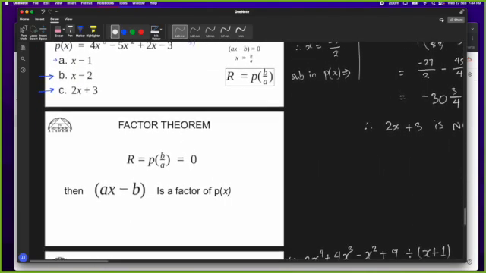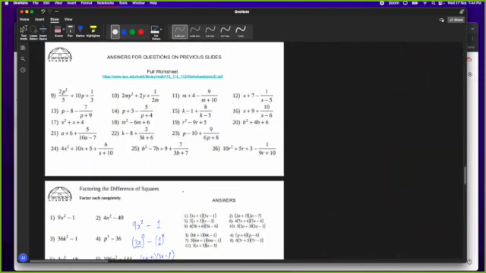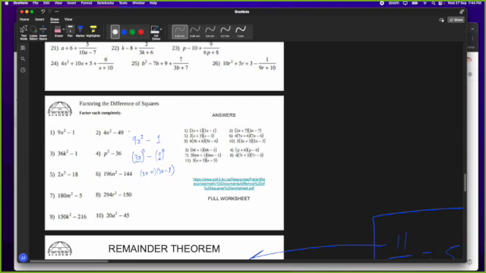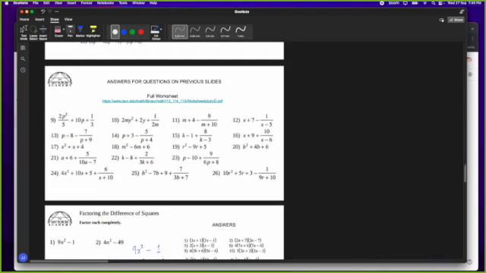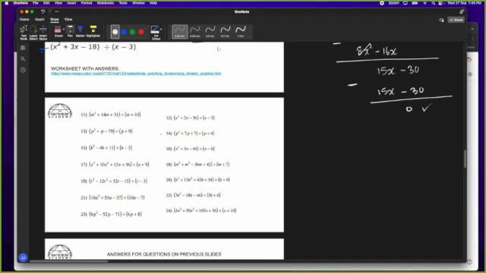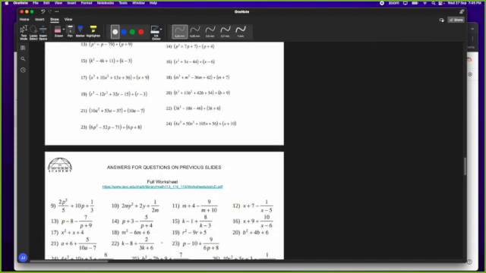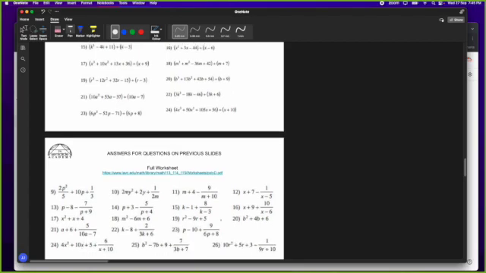And of course, you don't have to do all of them. I have some of these questions here, the difference of squares, right? And then you have these questions here where you actually have to do the long division. When you do the long division, you just end up getting some of these things here, right?